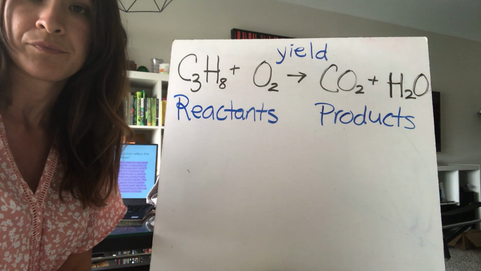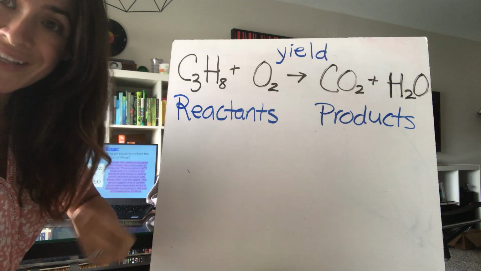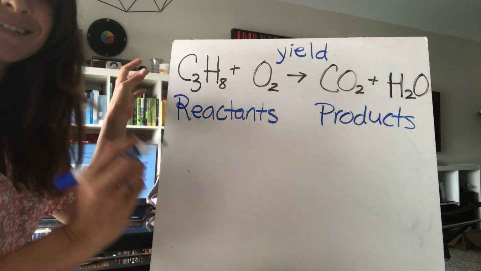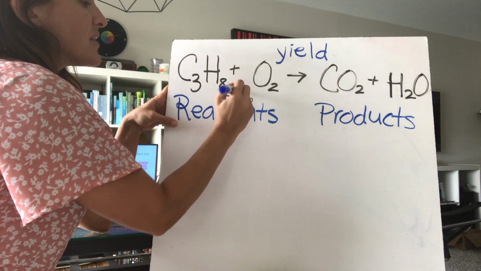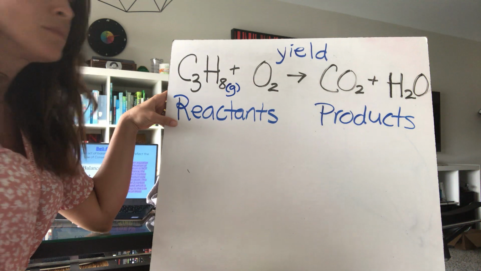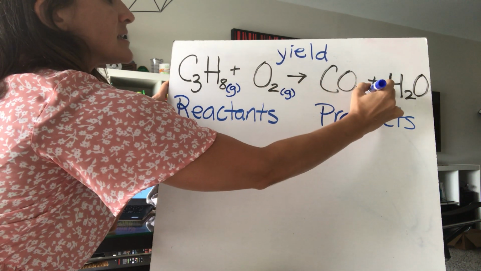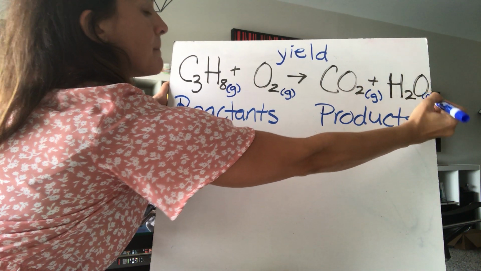I know that in some cases, you're going to start seeing state symbols as well. So state symbols just mean that we have a little symbol next to our substances to tell us the state of matter that our substances are in.